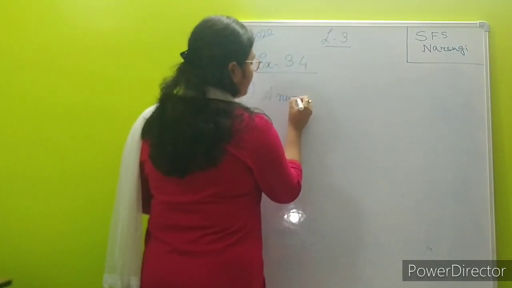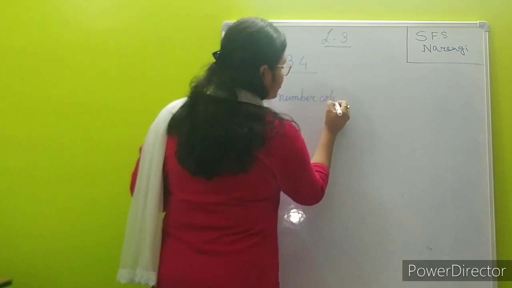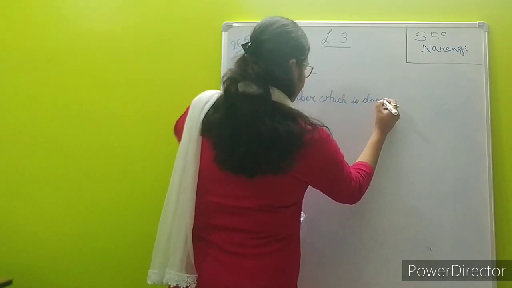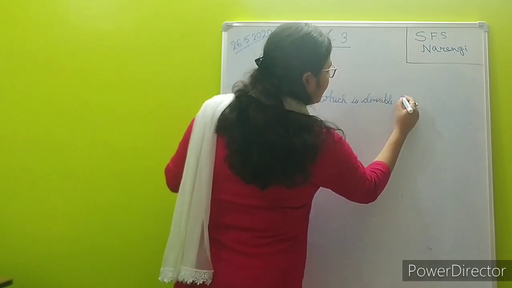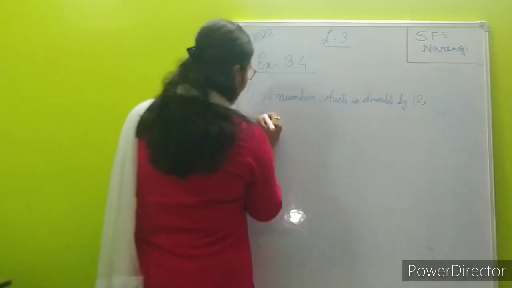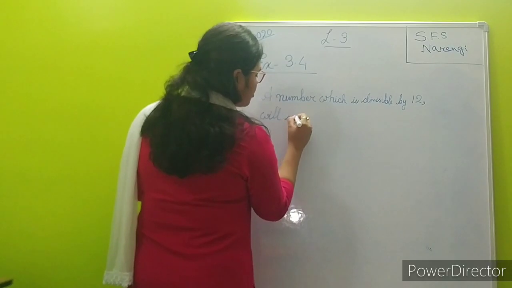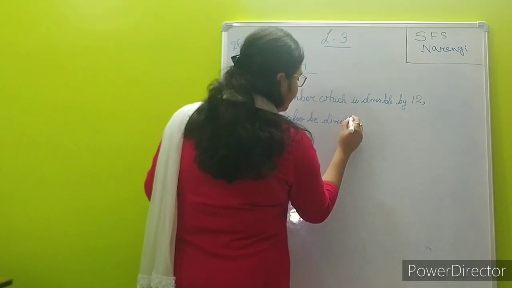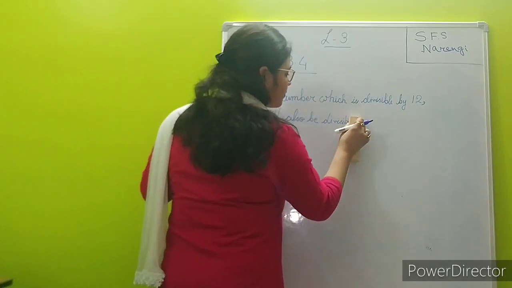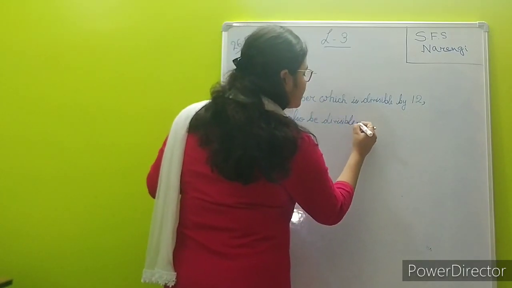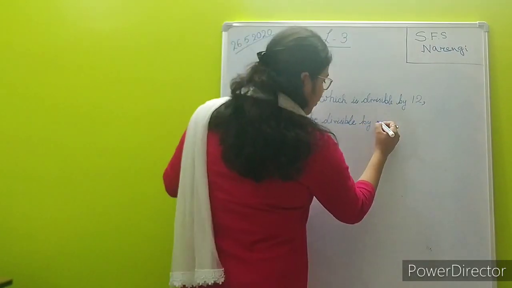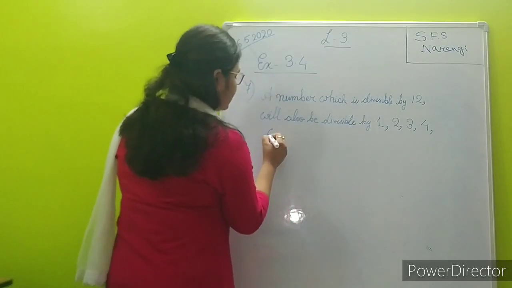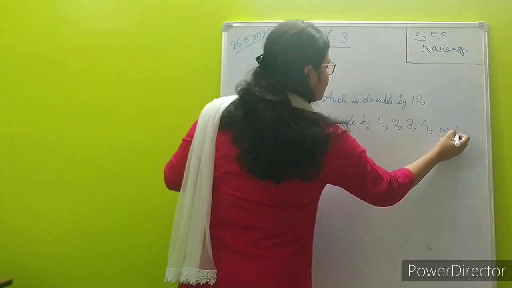A number which is divisible by 12 will also be divisible by which numbers? 1, 2, 3, 4, and 6.